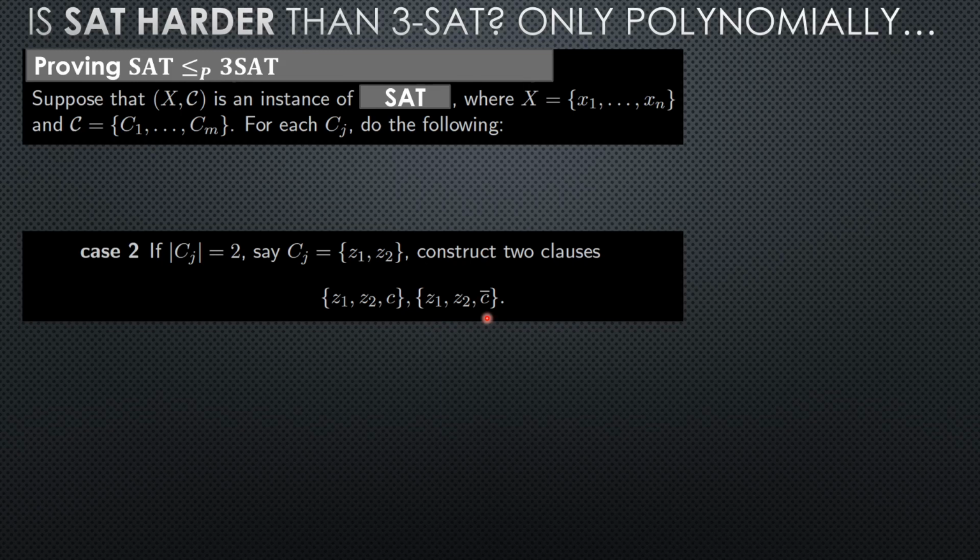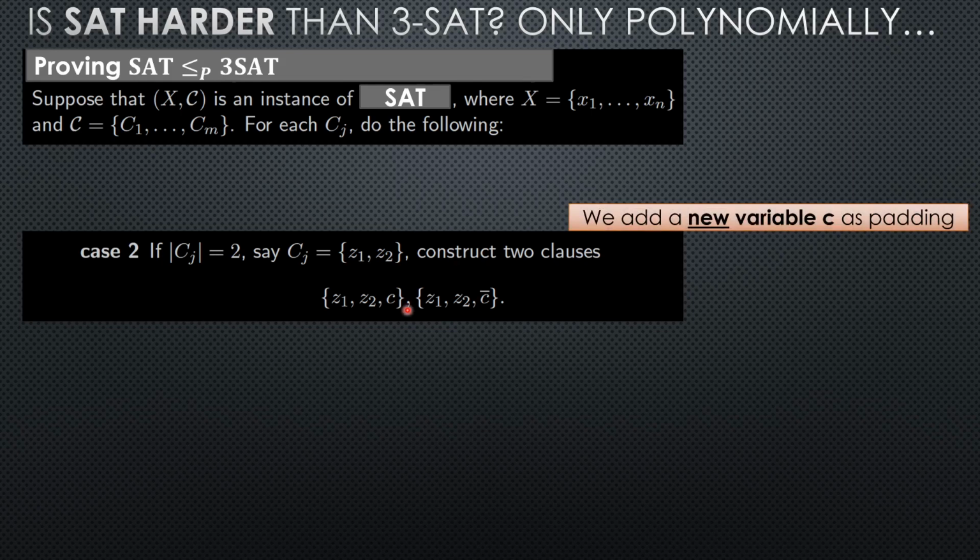But we also want to make sure that if you satisfy both of these clauses, then the original clause is satisfied. I'm jumping ahead to how we're going to argue correctness, just to give you some intuition about the reduction. We want to make sure that in our 3-sat instance, these 2 clauses are satisfied together if and only if this clause in the original sat instance is satisfied.